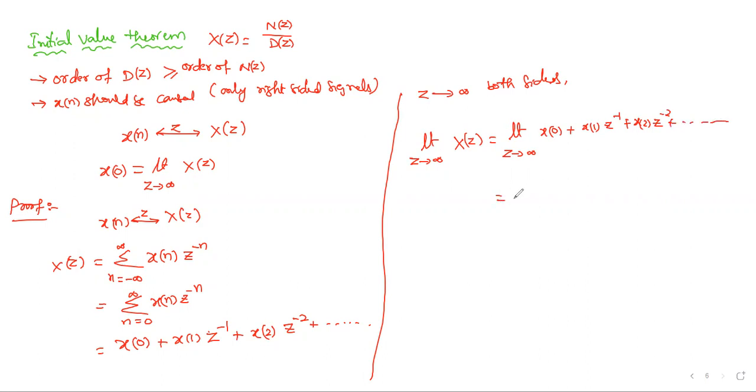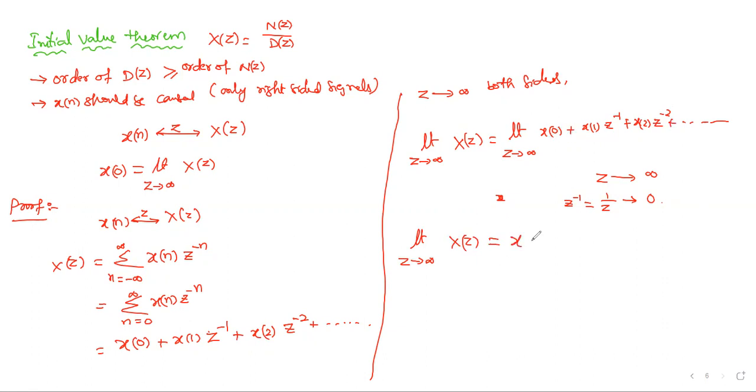Now you see that z tending to infinity means, what is z inverse? Z inverse is nothing but 1 by z, and 1 by z will become 1 by infinity, which is 0. So in the limit as z tends to infinity of X of z, the z power minus 1 term is 0, the z power minus 2 term is 0, and so on, whatever z terms are there, everything will be 0.